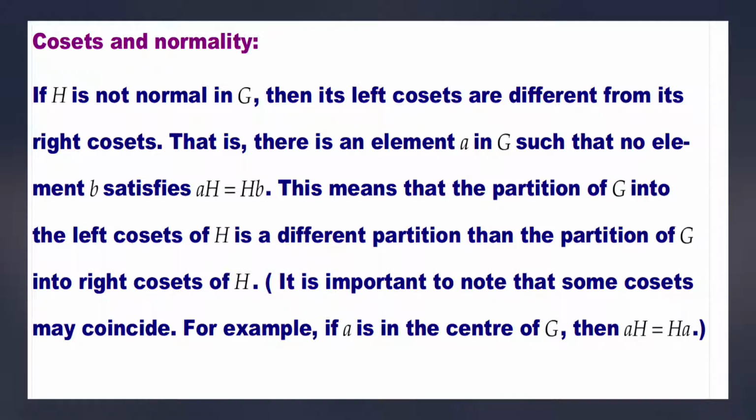This means that the partition of G into the left cosets of H is different from the partition of G into the right cosets of H. It is important to note that some cosets may coincide. For example, if a is in the center of G, then aH = Ha.